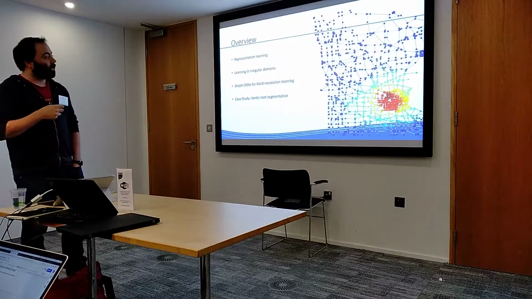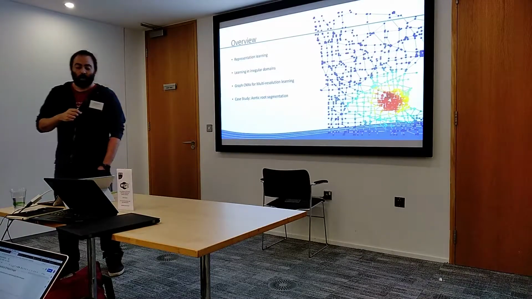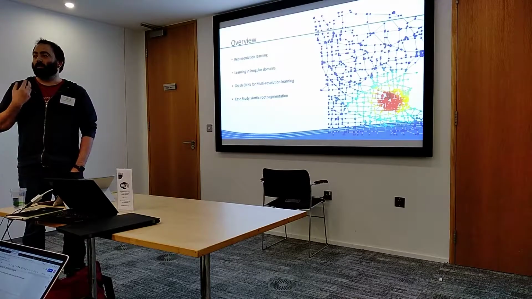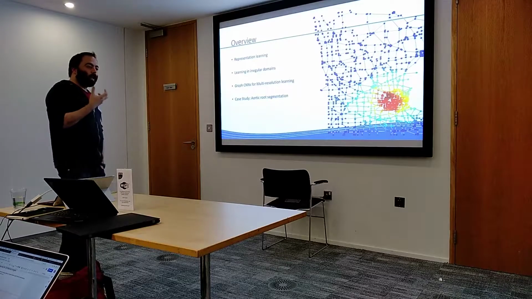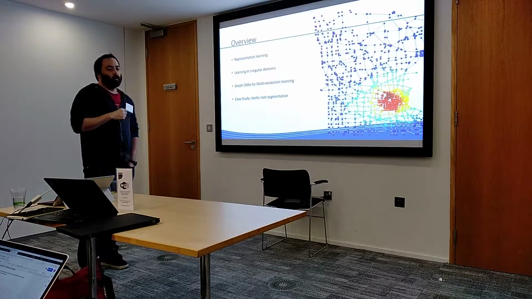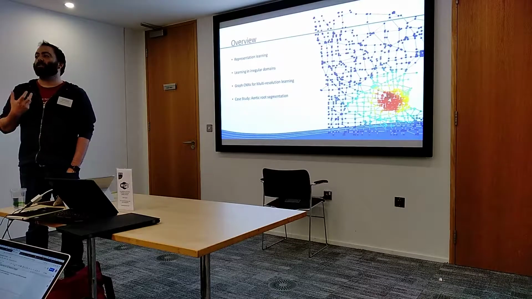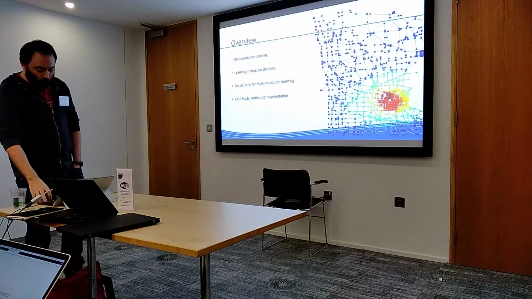Then we will look at representation learning in irregular domains, and then at using this in a multi-resolution scenario, and I'll explain why we've gone down this route. And then I'll look at what's actually in the paper, a case study of using this for medical segmentation, hence the title.